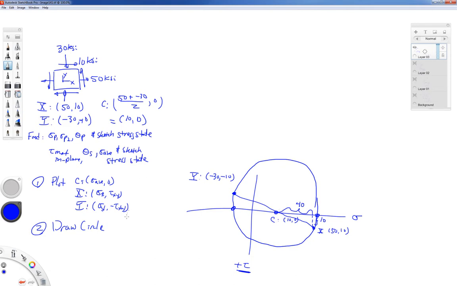And so what that says is r squared is going to be equal to 40 squared plus 10 squared. Let's see what r is equal to. I got 41.2.